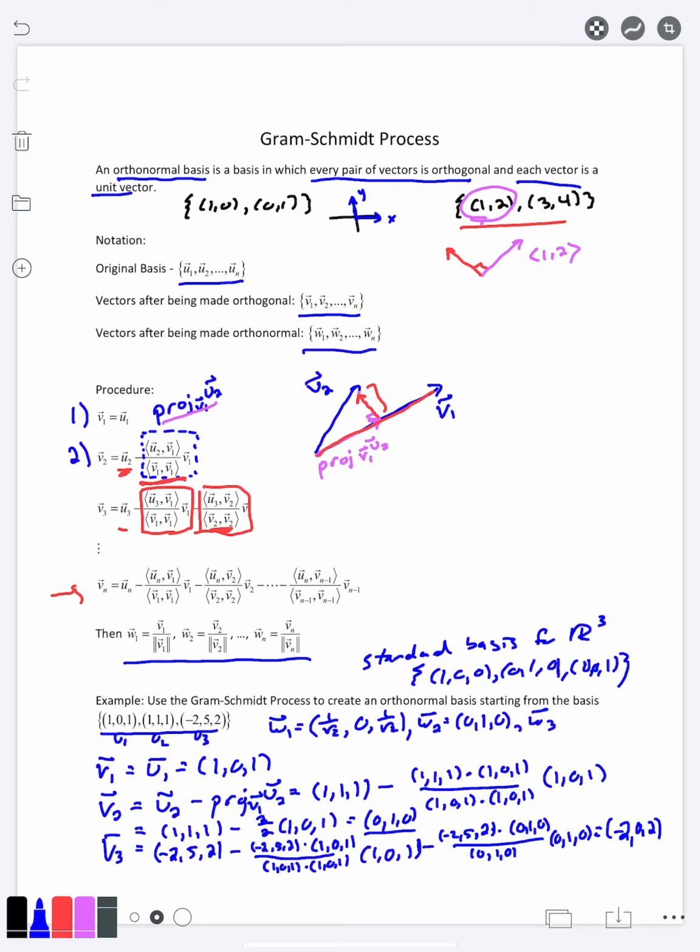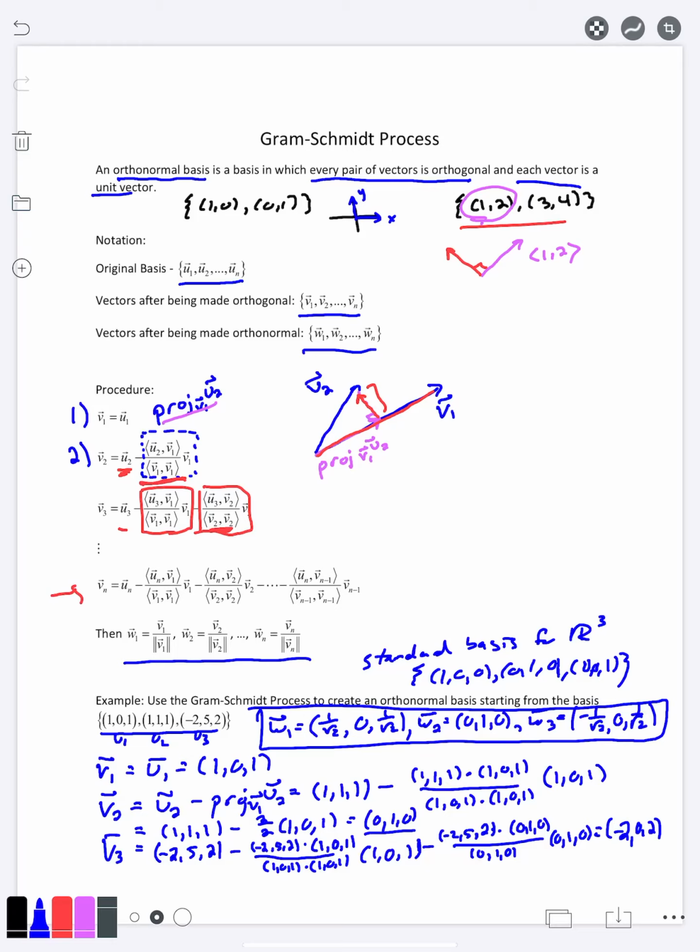And the third one, do a little bit of algebra there, it's going to be negative 1 over root 2, 0, 1 over root 2. And so here is going to be your orthonormal basis starting from the basis that was given to us. And this is the process you're going to use whenever you're trying to create an orthonormal basis.